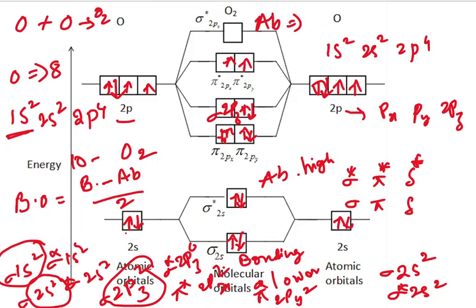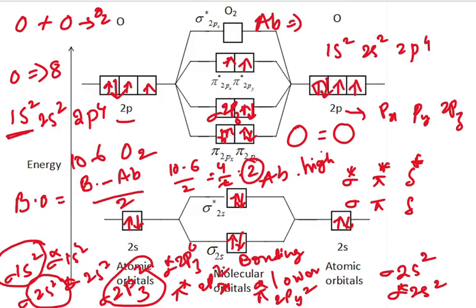Here you see sigma star 1s2 and sigma star 2s2, that is 4, plus 2, so 6 electrons. The anti-bonding electrons are 6. So 10 minus 6 over 2, which is 4 over 2, you get 2. The bond order is 2. The oxygen molecule has bond order 2.